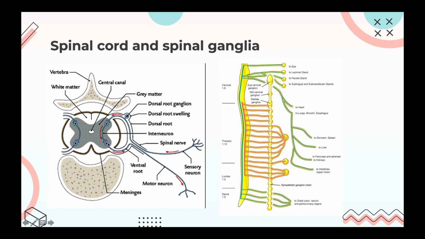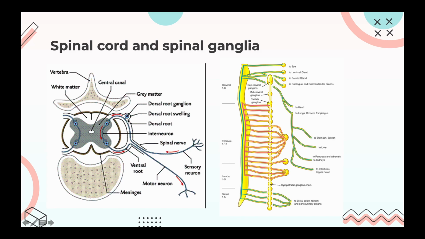So the ventral root is in control of motor functions, and the dorsal root is where the sensory nerve enters the spinal cord. So what happens is that over here there are free nerve endings, for example, which are receptors, and they receive pain, for example, and then it transmits along this sensory neuron, goes into the spinal, into the dorsal root.